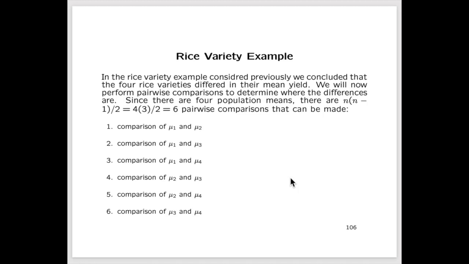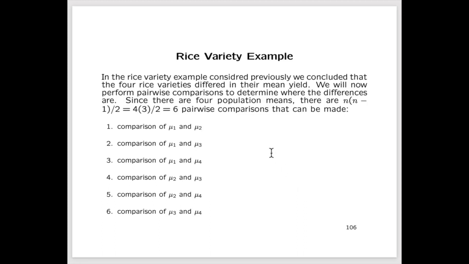We looked at box plots of the data, and we speculated which of the means were different, but we didn't perform any formal hypothesis tests about where the differences were. So what we're going to do in this example is follow up that significant overall analysis of variance, and identify specifically where the differences are.